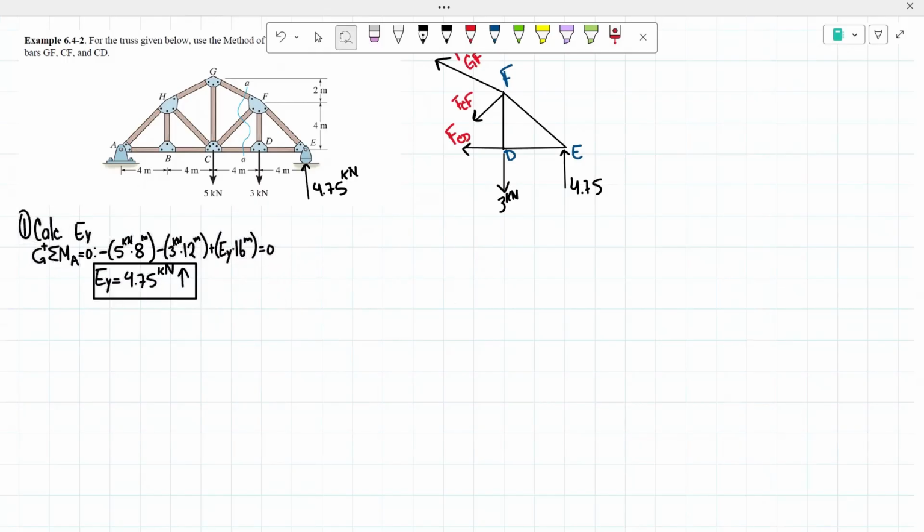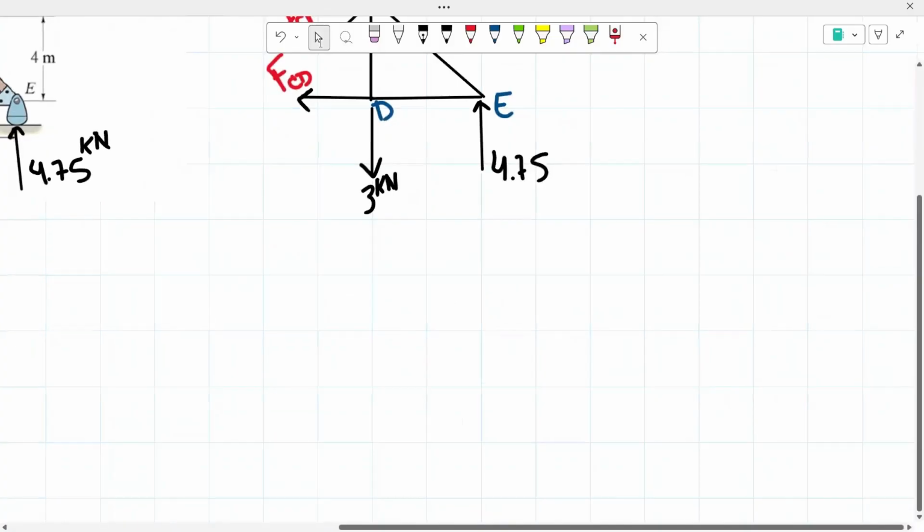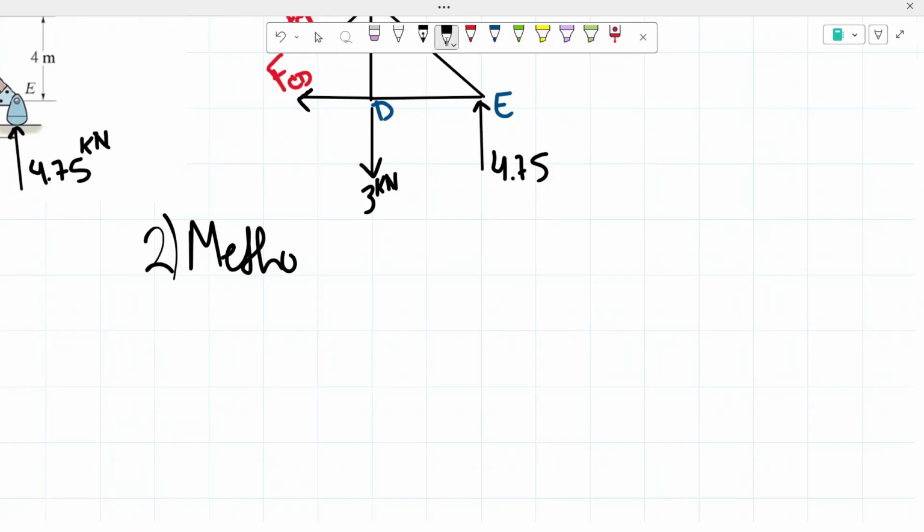So the second step would be using the method of sections.